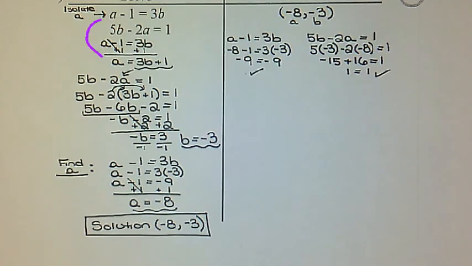Again, solve for one of the variables and then substitute this in for the other. So we took this and substituted it in to get the A value, then solve for B. Remember, you don't have to solve A before B or B before A or X before Y, Y before X. It doesn't matter. Whichever one is the easiest, do that one first. So we get B equals negative 3. Substitute that back in to one of the other equations, and your final solution is negative 8, negative 3. And don't forget to check.